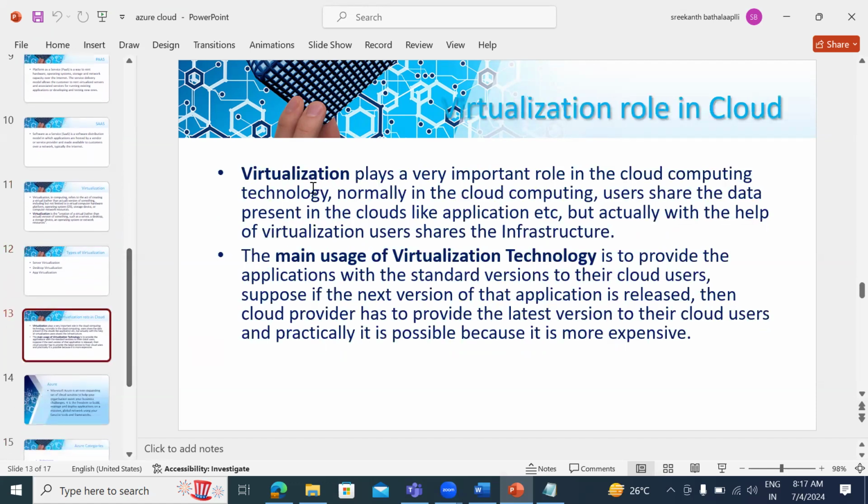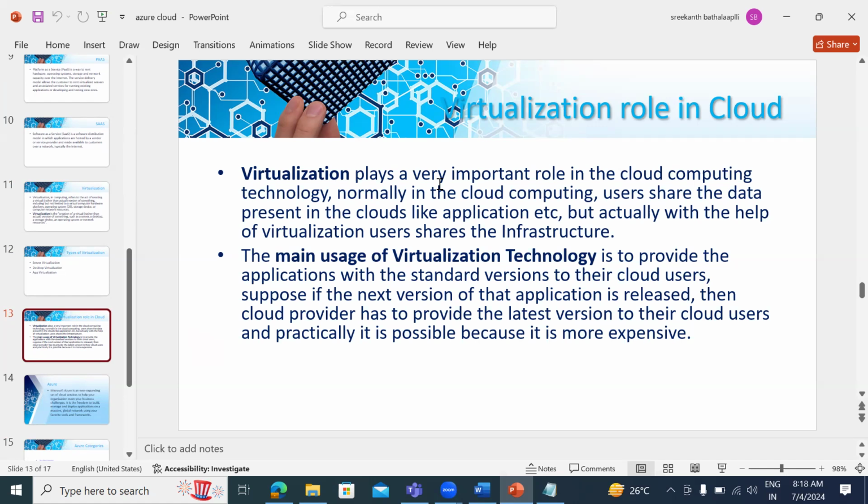Virtualization plays a vital role in cloud computing because if providers gave physical servers to the end user in their data centers, the user wouldn't get any benefit, and for the provider it would be a lot of manual process.